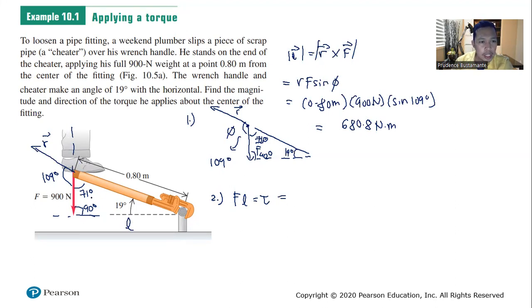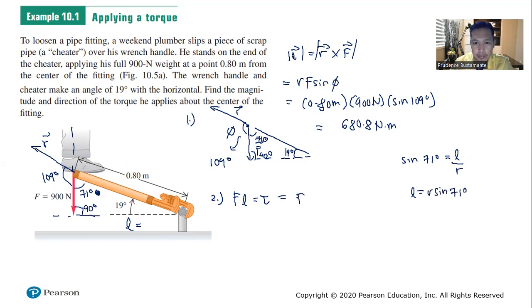If we use the angle 71 degrees, this is the lever arm L. Sine of 71 degrees is equal to the opposite, which is L, over the hypotenuse, which is R. So L is equal to R sine of 71 degrees.